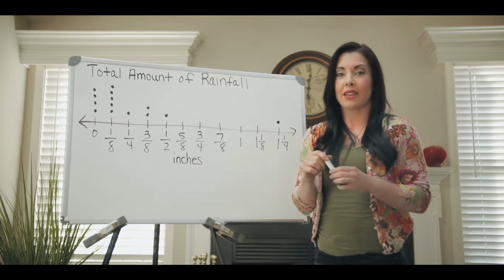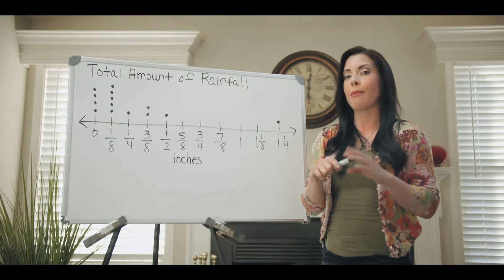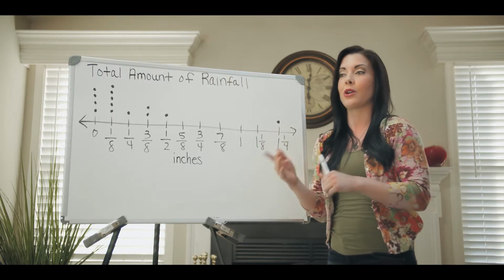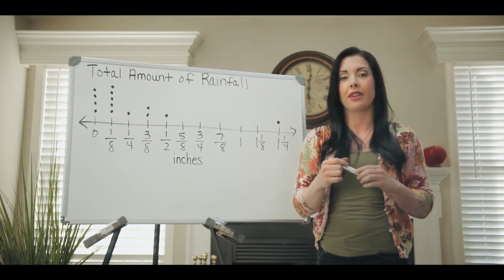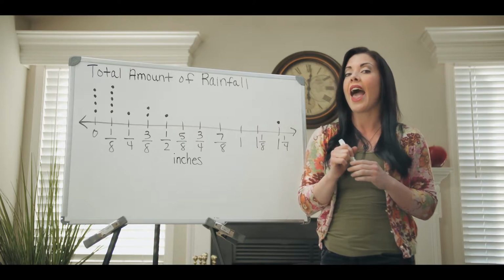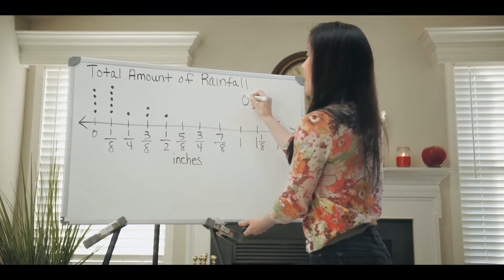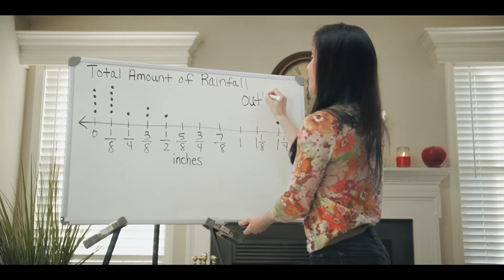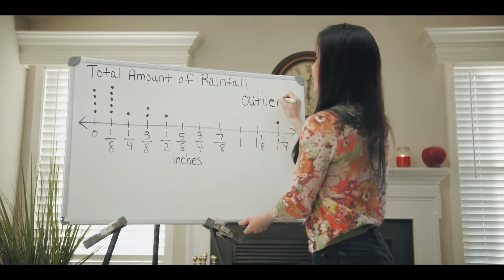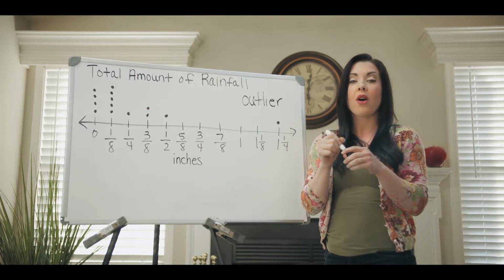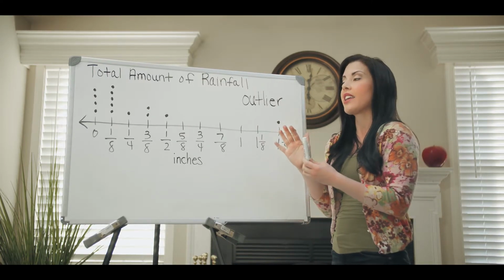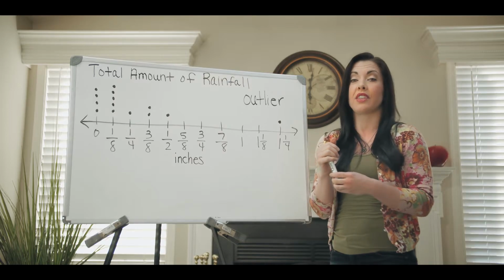I also want to take this opportunity to have you think about that vocabulary word that we learned at the beginning of this lesson, okay? Do you remember that word outlier? Okay, an outlier is something that is very different from the rest of the data.